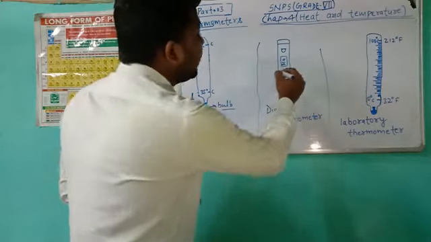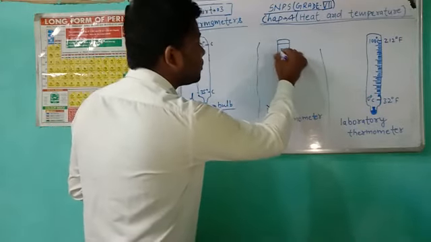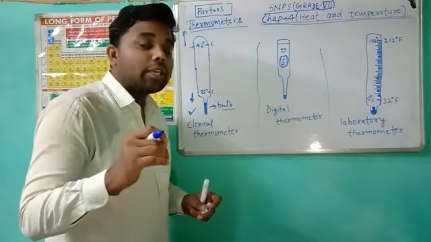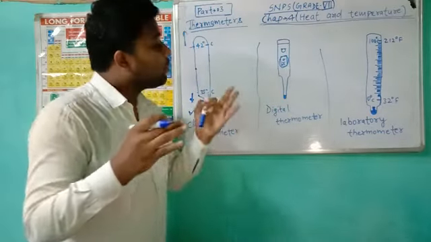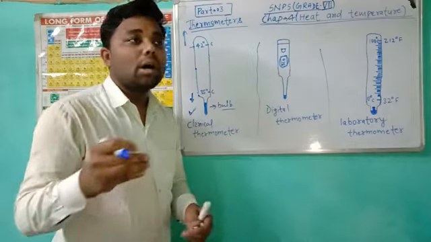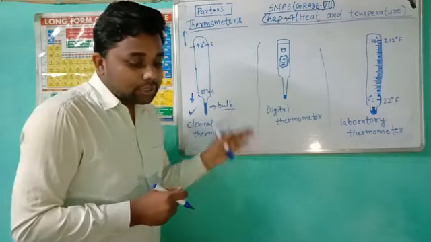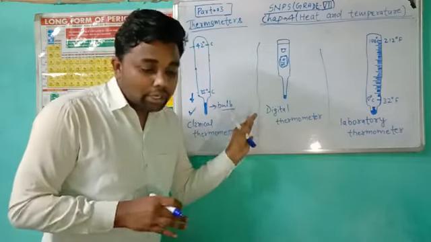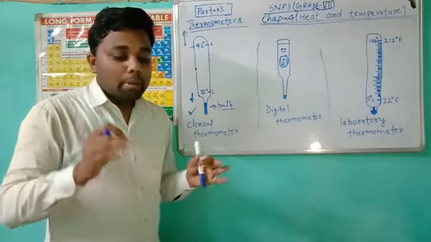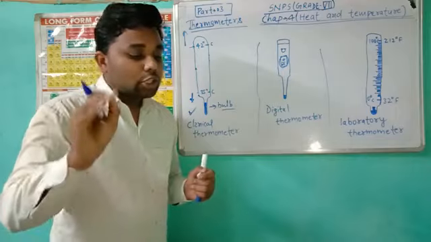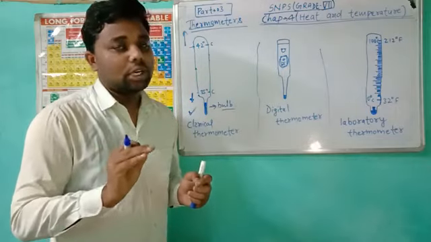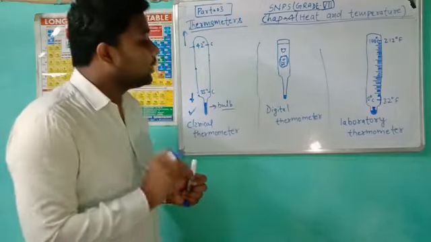It has a screen here to give the measurement of the temperature of a particular human being. It does not contain mercury because mercury is toxic in nature. I hope all things are clear.